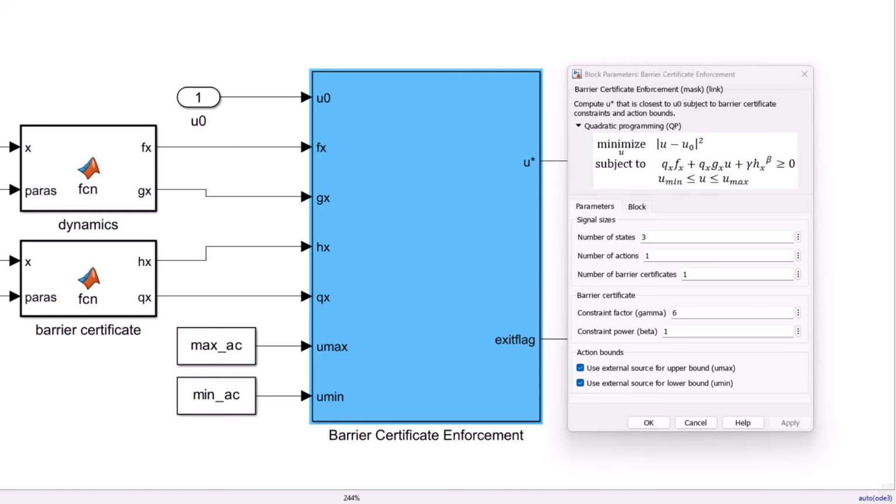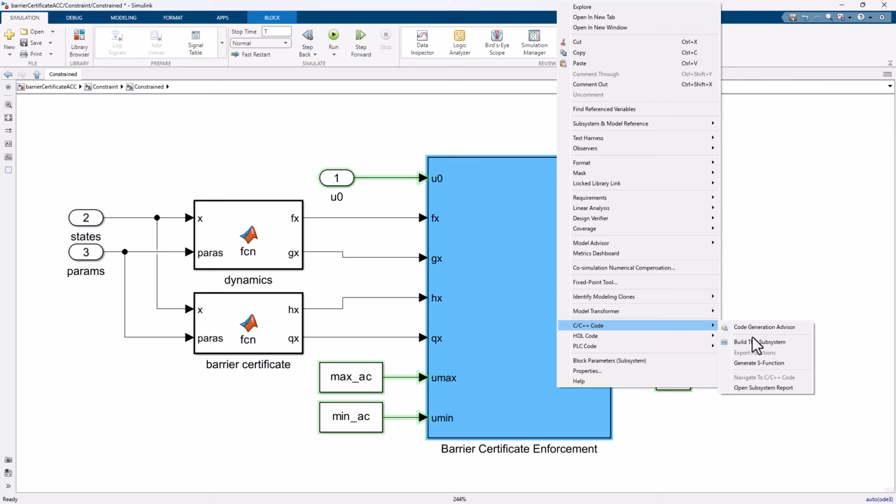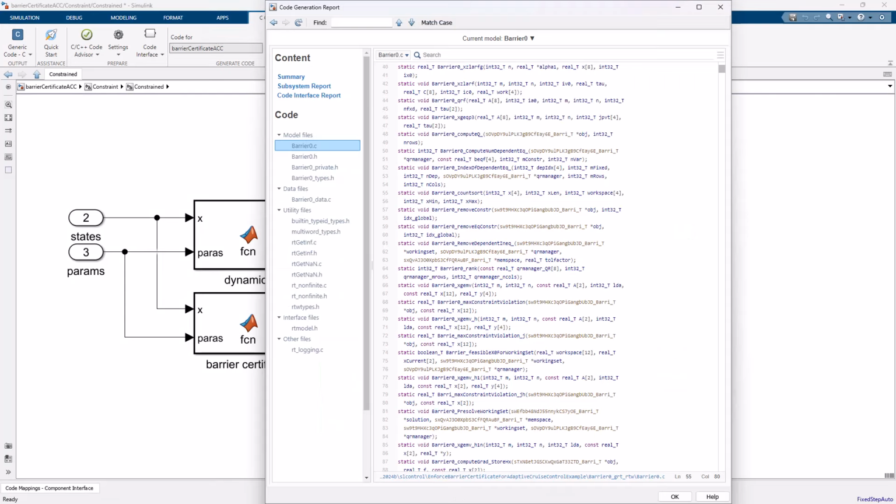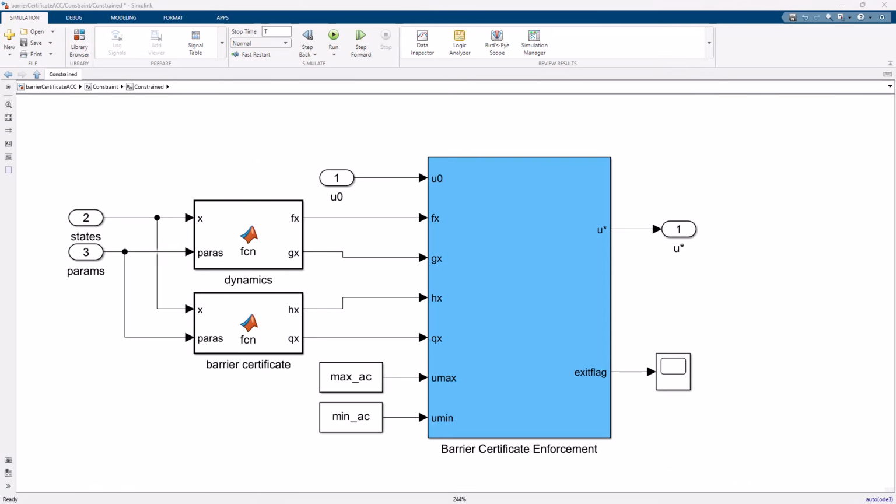Now, once we have tested the control barrier function in simulation, you can generate code and deploy it onto your embedded controller to do testing on the physical hardware. So, in summary, in this video, we explored how assurance mechanisms like control barrier functions can enhance a nominal controller by enforcing critical constraints on the system.